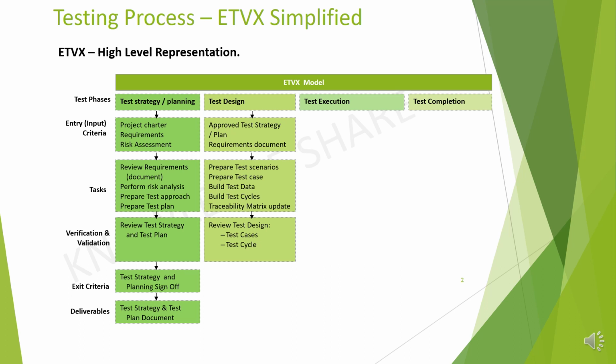Under verification and validation, testing team need to review the test cases and test cycle. Under exit criteria, the test design document should get signed off from respective stakeholders. Deliverable for test design phase is signed off test design document.